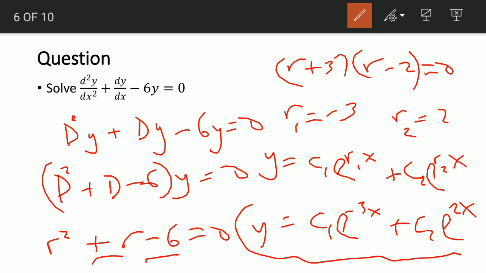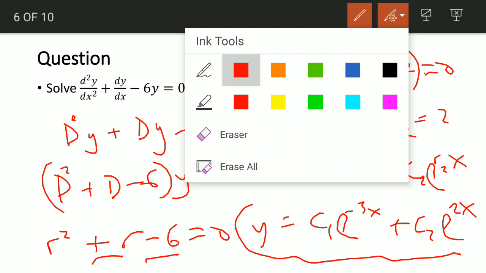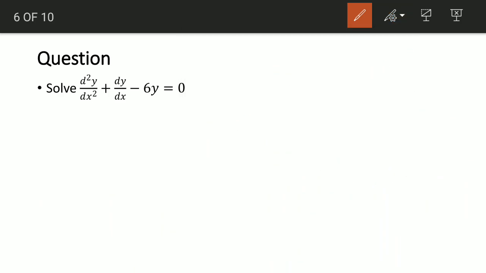Let me use this opportunity to show that. Now, how do I know that my answer is correct? Let's start again. We got that y equal to c1 exponential minus 3x, then plus c2 exponential 2x. Now I can find dy dx.